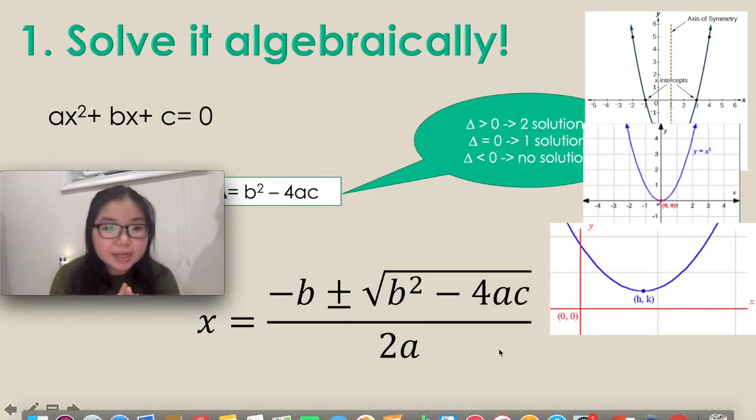Here you can see this is the formula. When I was in Vietnam, I usually used it to calculate the solution of the quadratic equation. Here you can easily replace this part with the triangle. You just need to replace this complicated stuff with a triangle, and you will have negative b plus or minus the square root of the triangle.